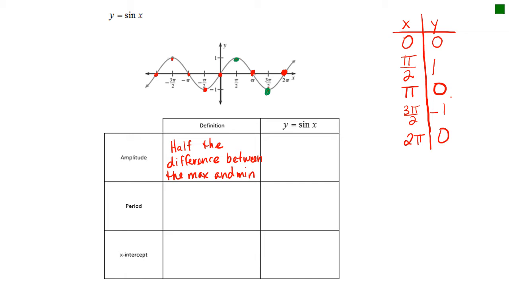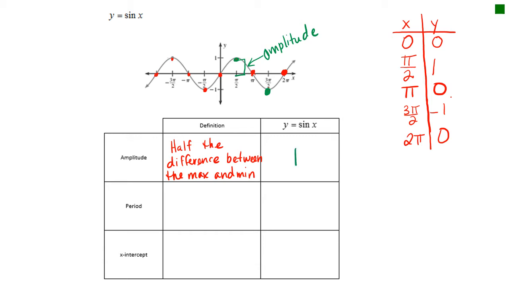The amplitude is half that distance, so not all the way down from one to the other, but this height right here. That is my amplitude. And in this case, I have a height of 1, because it's a unit circle.